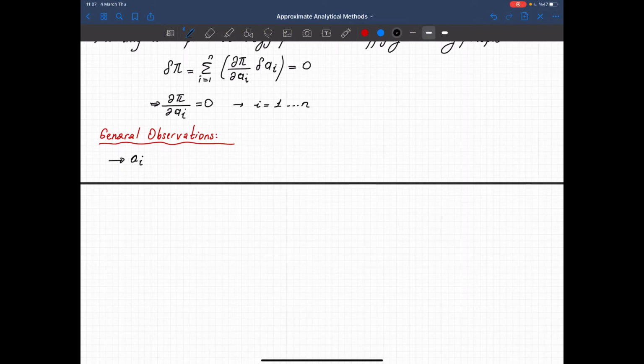So here the Ai, these constants, can either be a set of coefficients with no physical meaning, or they can be variables associated with nodal displacements.